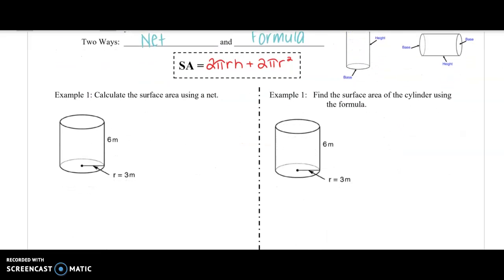Okay, so the net method is you would pretty much imagine you had a Pringles container and you cut around the top, all except for in one spot, and you cut around the bottom, all except in one spot, and then you made a cut down the length of it.